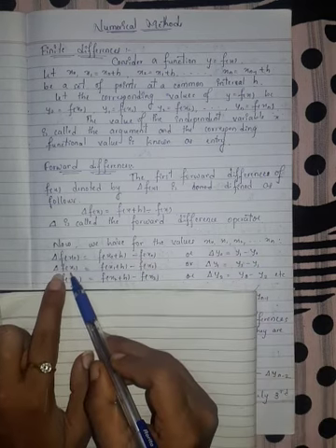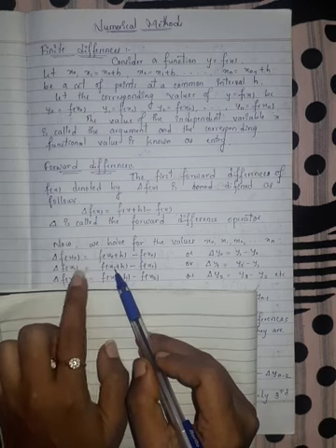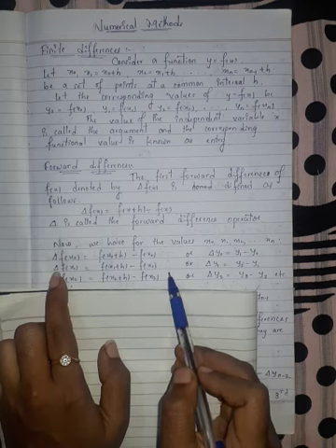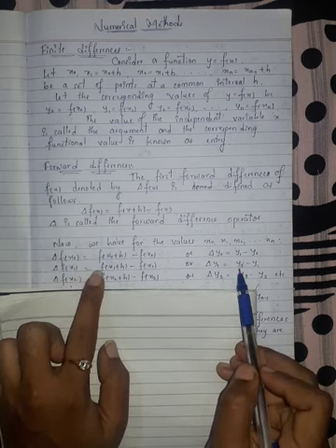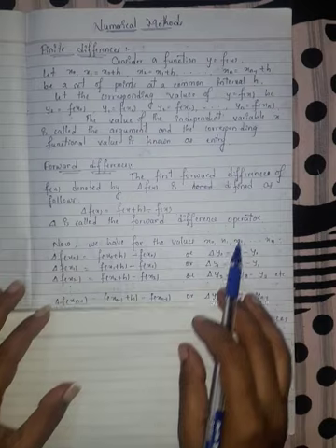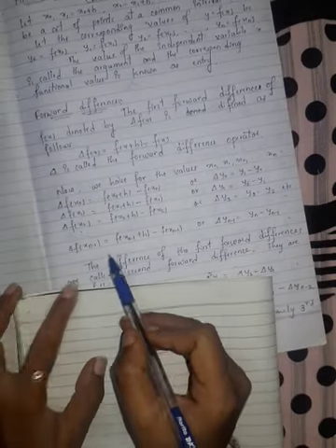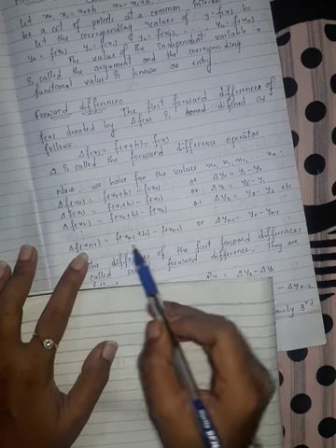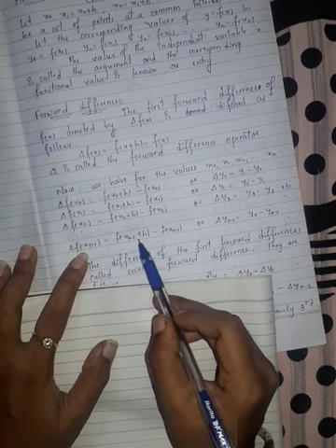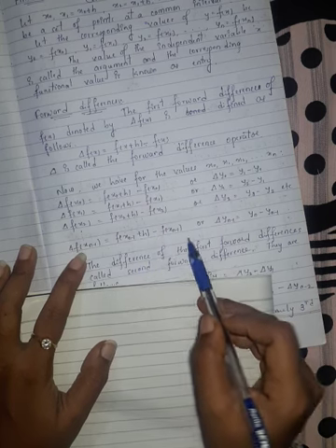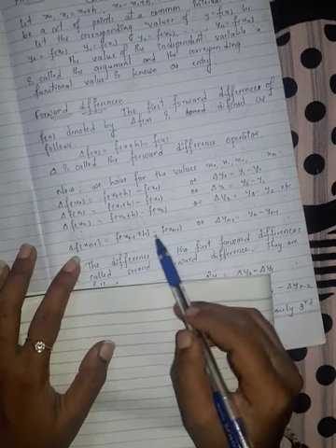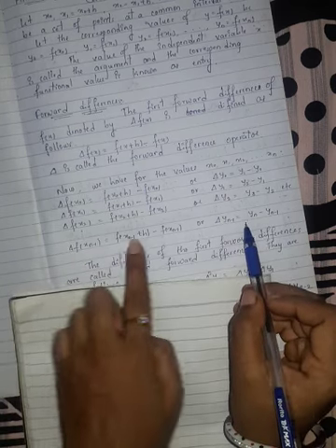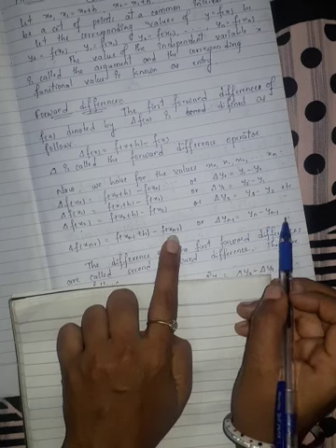Similarly, delta f of x1 is equal to f of x1 plus h minus f of x1, and this can be written as delta y1 is equal to y2 minus y1. So this is up to nth. Delta f of xn minus 1 is equal to f of xn minus 1 plus h minus f of xn minus 1. So this can be written as delta yn minus 1 is equal to yn minus yn minus 1.